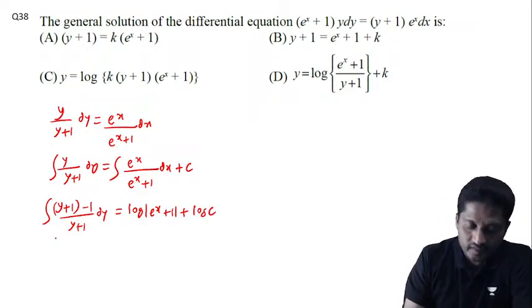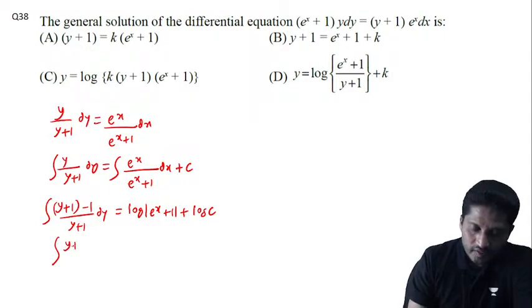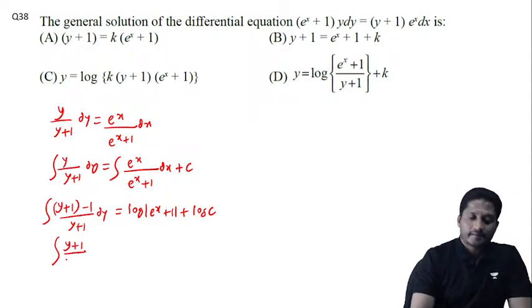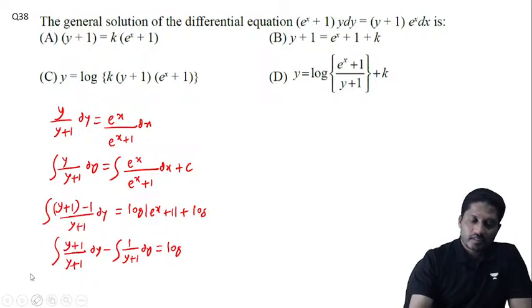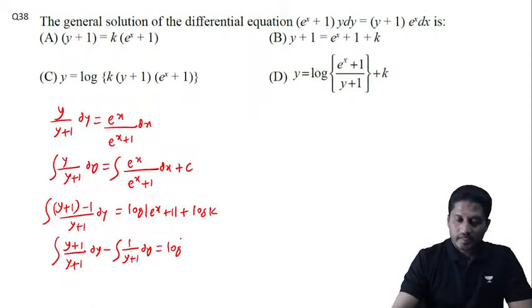Now if I separate this, y plus 1 divided by y plus 1, and then this is integration of dy minus integration of 1 divided by y plus 1 dy is equal to log of C. C is a constant, K is also a constant, so this is, let's say, log K into e power x plus 1.